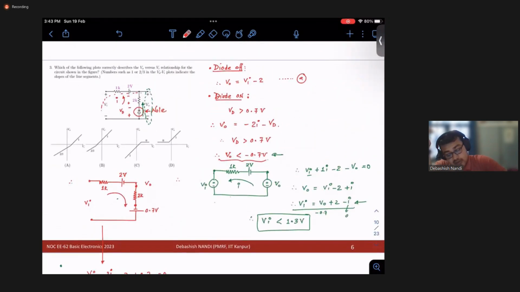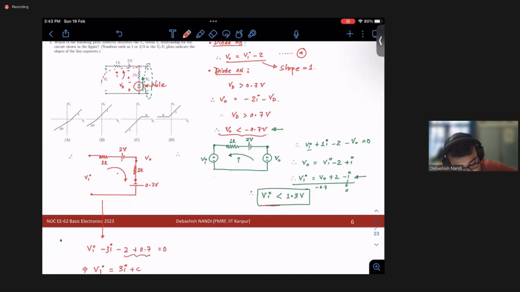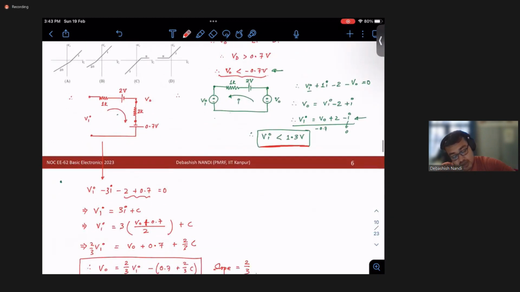In the case when the diode is off, the slope is 1. Now the question is when the diode will be on. The diode will be on when Vi is less than 1.3. So if we go to the options and I just draw it, this is V naught, this is Vi.